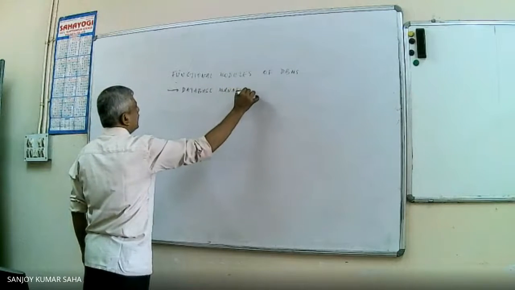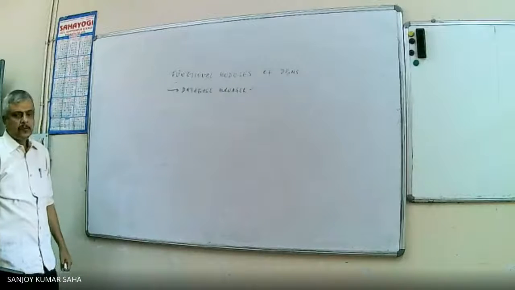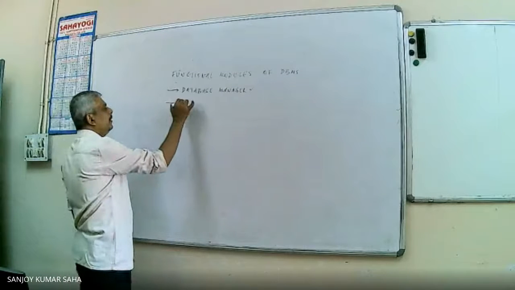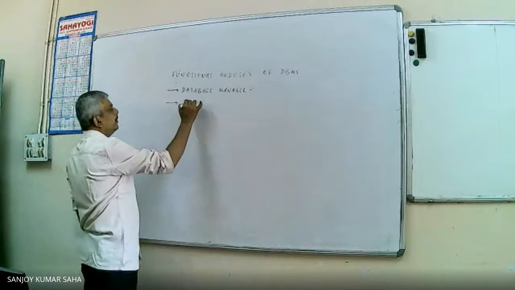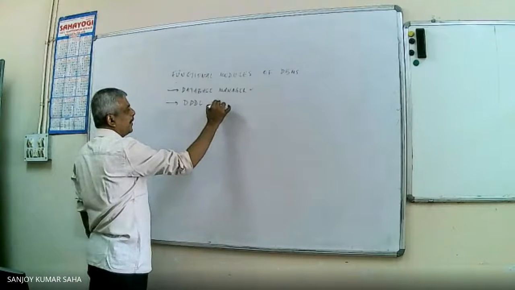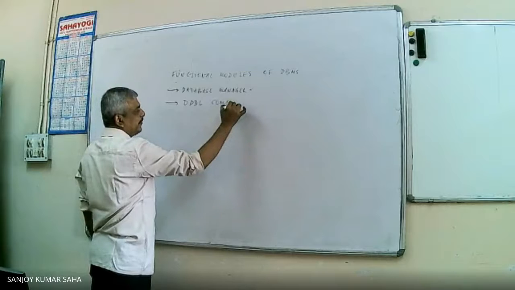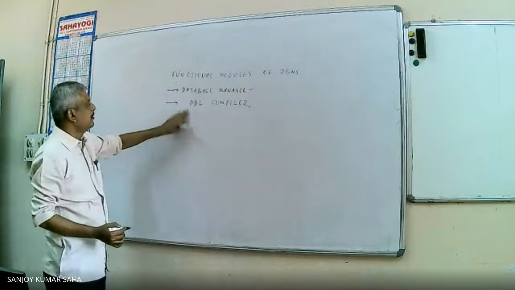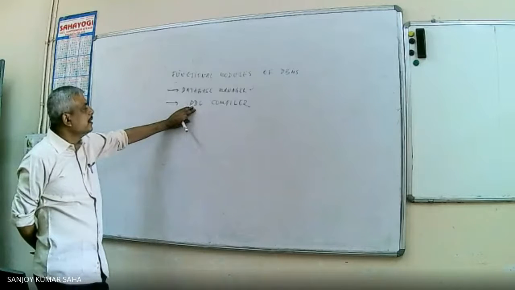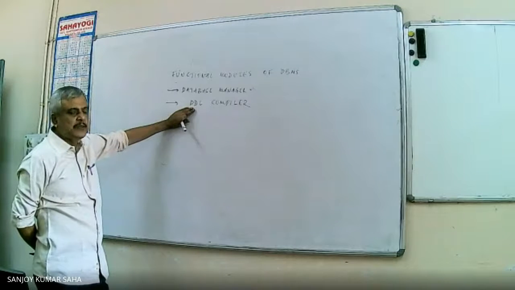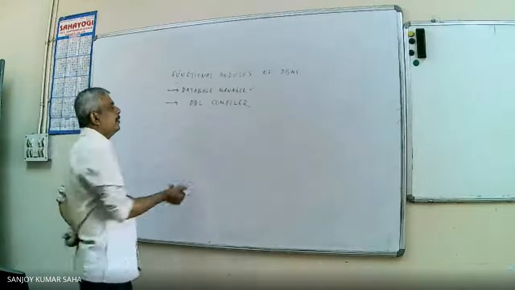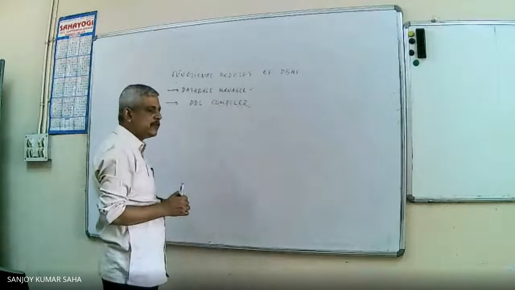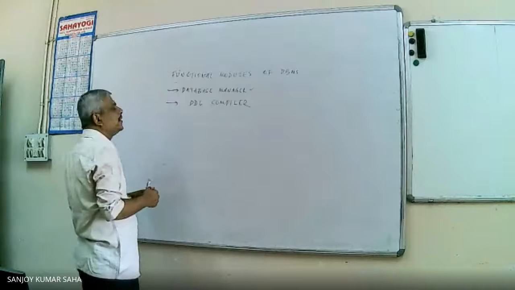This we have mentioned. Then the DDL compiler. DDL means data definition language. As user, we use DDL to specify the schema. Just like any compiler, it will obviously be doing some translation job.